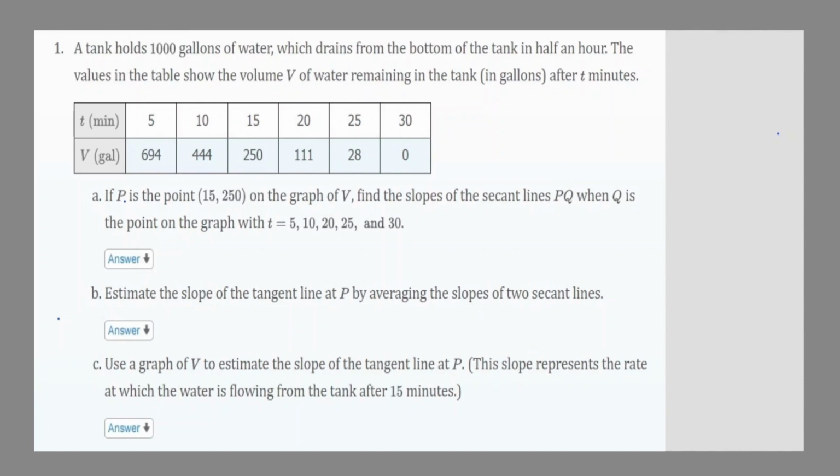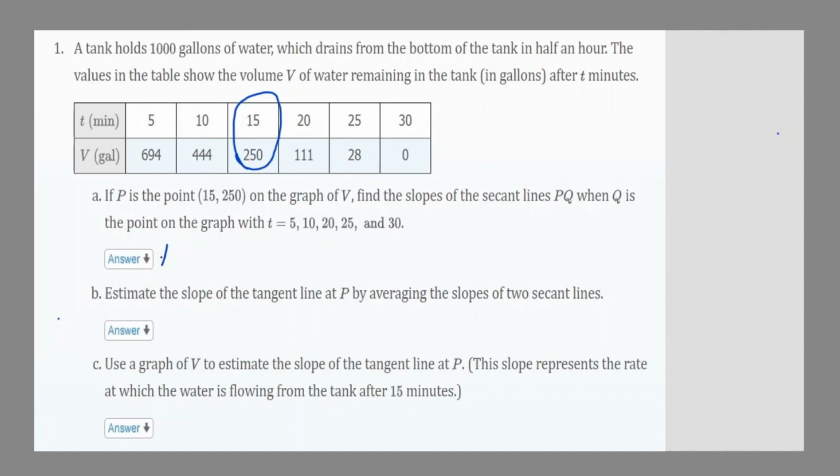So A is, if P is the point 15, 250 on the graph of V, find the slopes of the secant lines PQ when Q is the point on the graph with T equals 5, 10, 15, 20, 25, and 30. So for this question, we have to reference everything off of this little point over here, 15-minute mark.